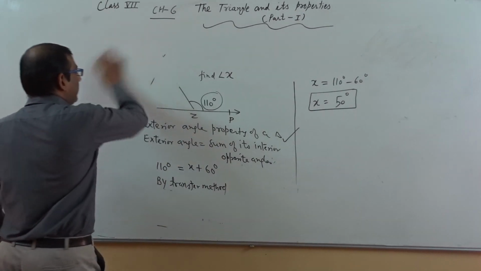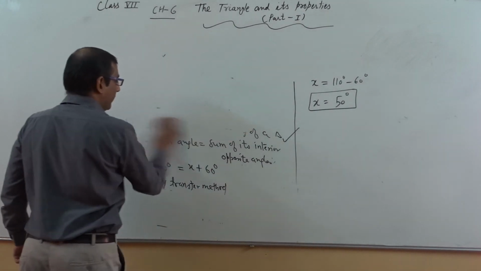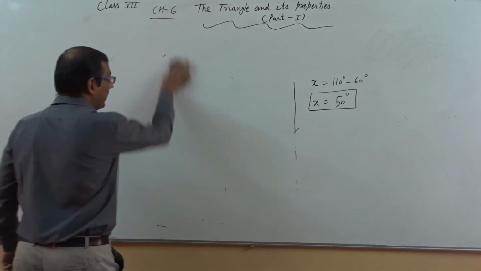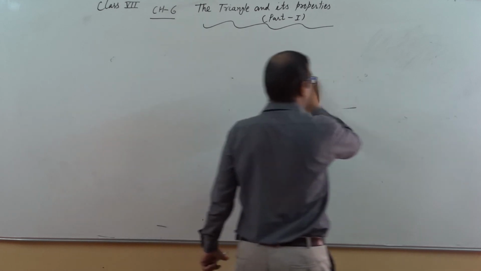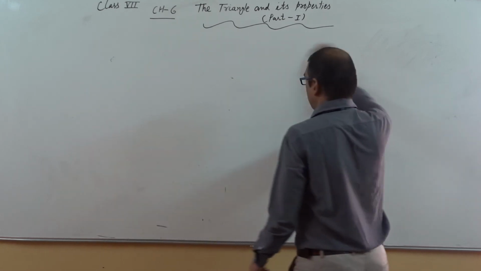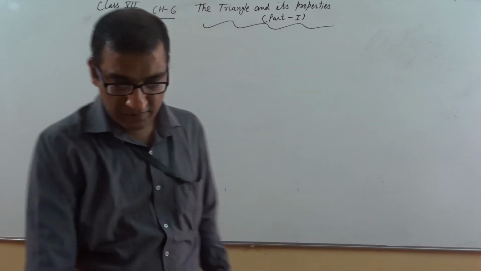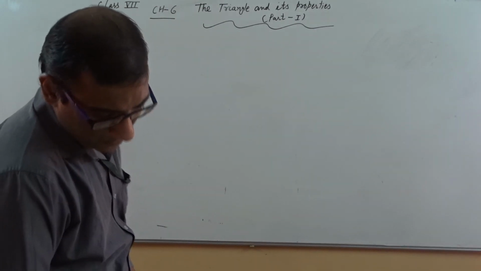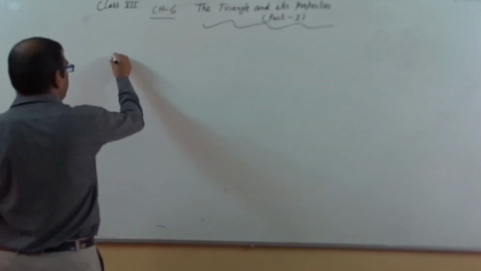After this property, now I am continuing with one more property, that is the angle sum property of a triangle. So the next concept is related with the angle sum property of a triangle.